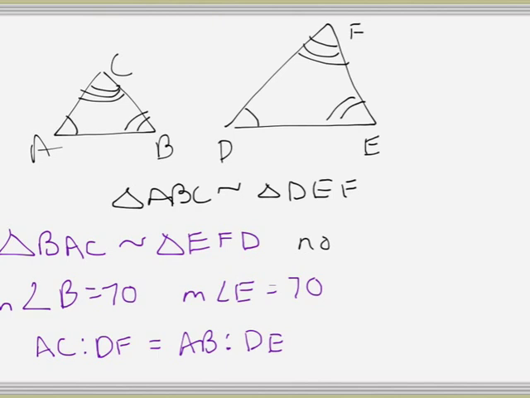AC is talking about the side that is between the angle marked with one line and the angle marked with three lines. Then DF, is that talking about the corresponding side? DF is between the angle marked 1 and the angle marked 3. So those are corresponding sides, that's good. That's how we set up a ratio, we should be talking about corresponding sides.